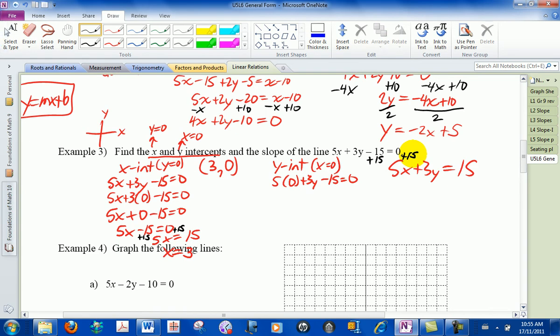You don't have to, I don't care. But you substitute in your 0 value and then you solve for the other one. Finish that off now. Let's go solve for it. So for your y-intercept, you'll get a value of 0, 5.